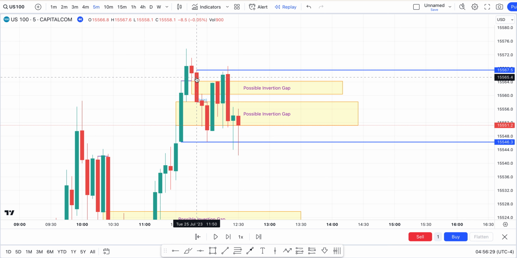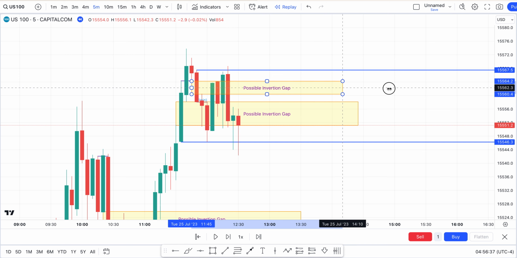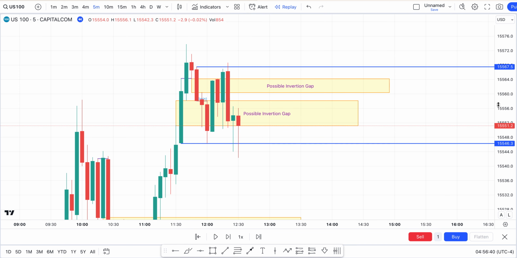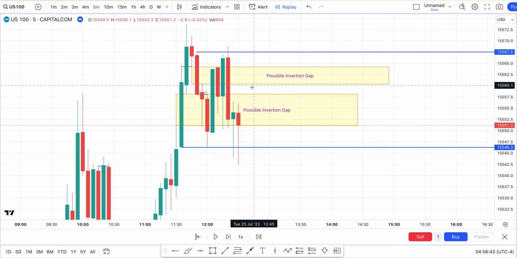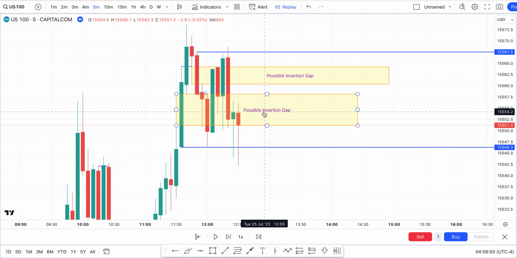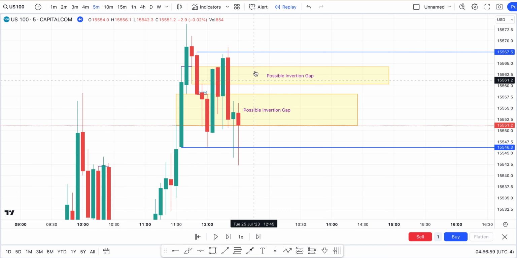The high 15506.6, this high 15558.7. So it's activated. So I'm looking at that action now. The reaction into here, and then also the reaction in here, because this one is also activated now. But if it goes above this, so this one is activated for sells, this one is activated for buys.